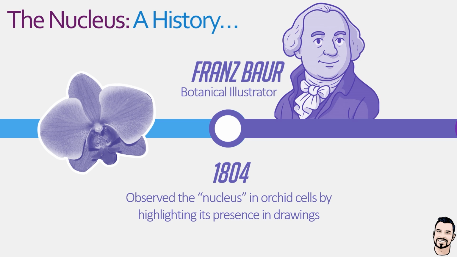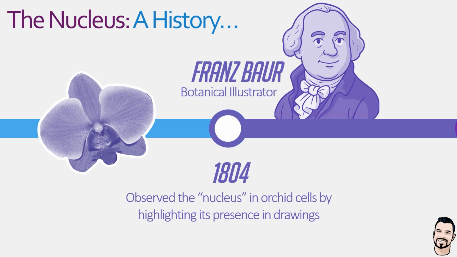And so, using one of the most advanced light microscopes available at the time, he visualized plant cells, describing and detailing a distinct, rounded structure inside the cell, what we now recognize as the cell nucleus. Now, although Bauer didn't fully understand its function, his careful observations provided some of the earliest visual evidence of this organelle.